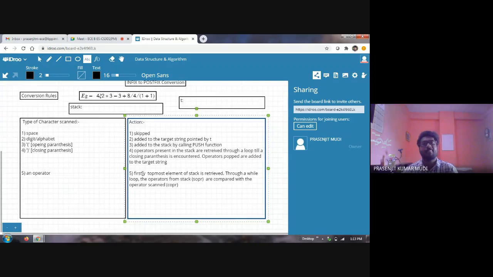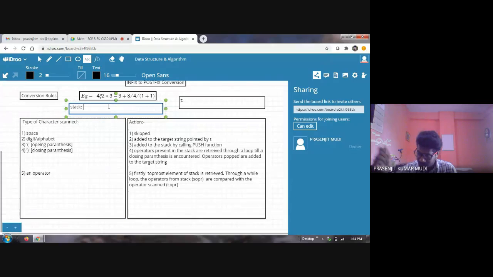COPR. So this is the operator being scanned, and the stack may contain some operators. So two kinds of operators you are having. One operator is coming from the input device after scanning, and one operator is also already present in the stack. So firstly, the topmost element of the stack is retrieved. So through a while loop, the operators from stack. So suppose stack is containing some operator.